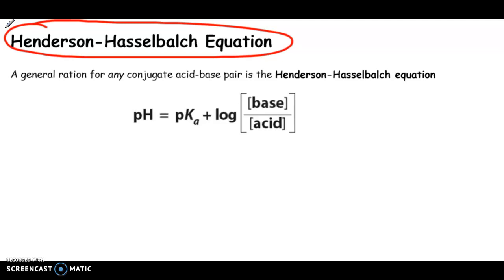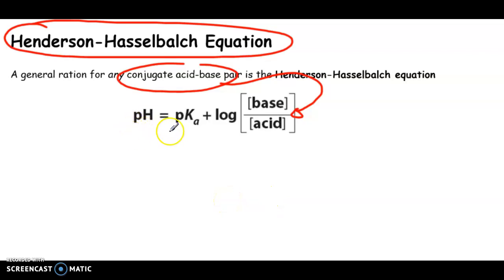It's just an alternate way of calculating the pH if we know information about the acid and conjugate base concentrations. Remember, when I say acid-base here, this is in reference to the conjugate acid-base pairings. We'll take a look at using that moving forward in other practice questions.